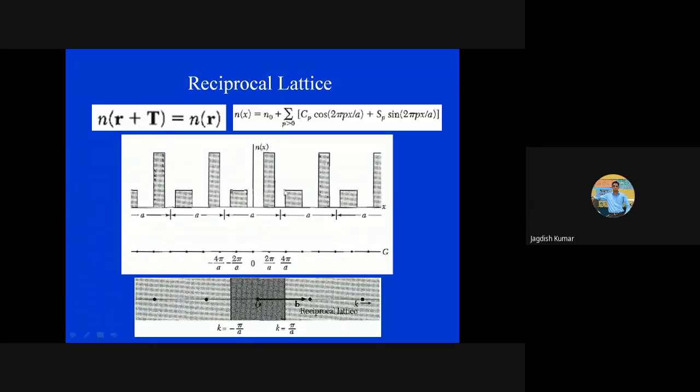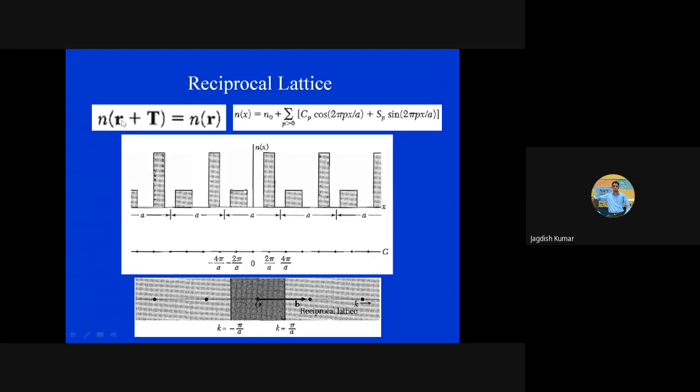This electron density can be seen as a periodic function repeating after a periodicity of A, correct? So we can use a Fourier series to represent such a periodic function. What will be the corresponding Fourier series for the electron density?